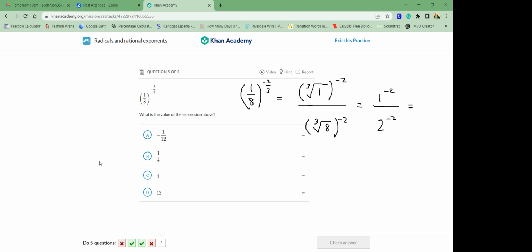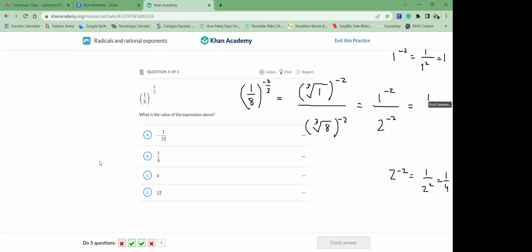So 1 to the negative 2 is the same thing as 1 over 1 squared, right? Which is just 1. And what is 2 to the negative 2? 1 over 2 squared, which is 1 over 4, right?